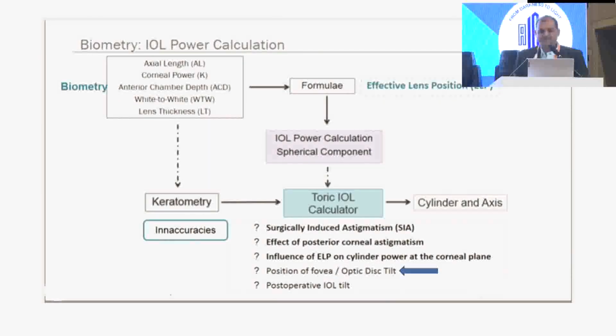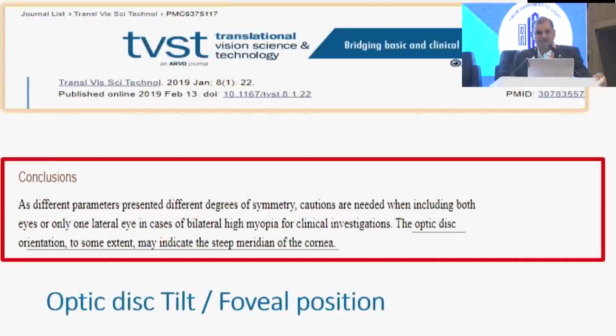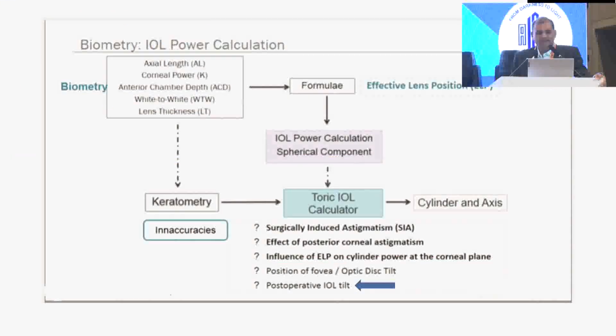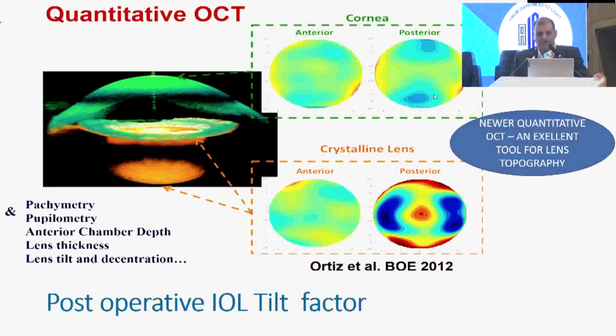And the last, newer understanding is about the optic disc tilt factor in the astigmatism part; certain investigations are going on for that. Another thing is the postoperative tilt factor. Because of the advancement in topographic tools, we found out what the lens anatomy is and where the IOL sits in the lens. So quantitative OCTs have been developed for that.